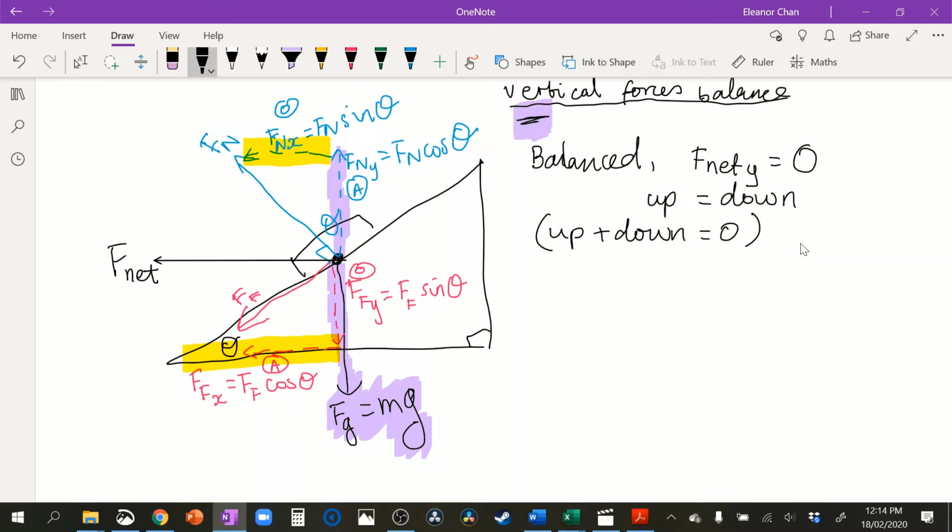Now, let's look at the up forces. The normal forces are what are pushing up against the car. So your up forces, but only the vertical component is your F and Y. So it's the Y component of your normal force. And then that's going to equal all of your down forces.